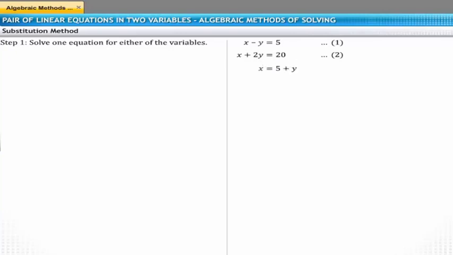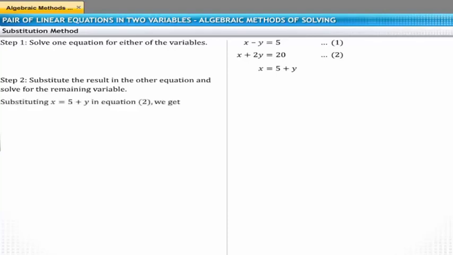We have x is equal to 5 plus y. In the next step, we'll substitute the resultant value of one variable obtained in the other equation and solve for the other variable. Here we'll substitute the value of x, which is equal to 5 plus y, in equation 2.